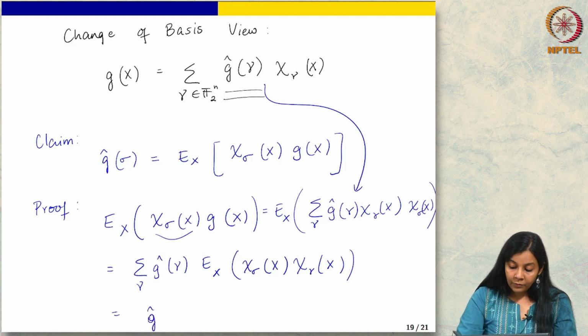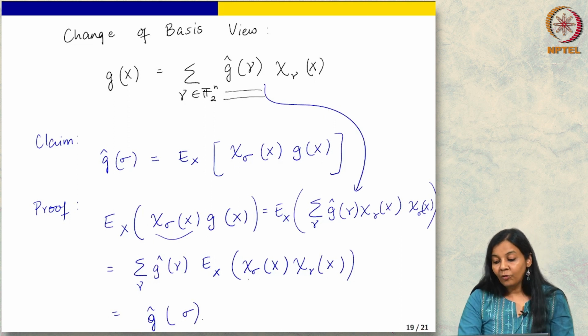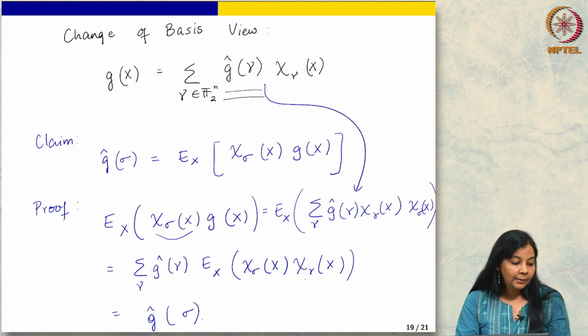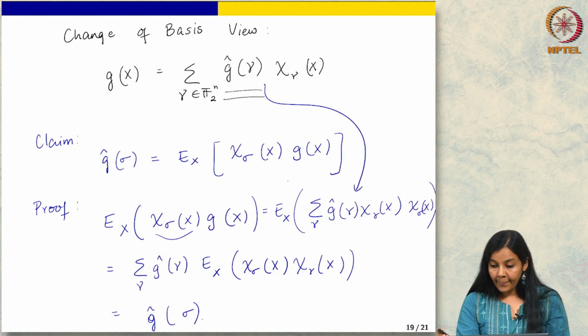This is going to simply be g hat of sigma, because of what we just proved, right. So when gamma is equal to sigma, and then alone, do we get a 1, and otherwise it's 0. So I proved the claim, right.